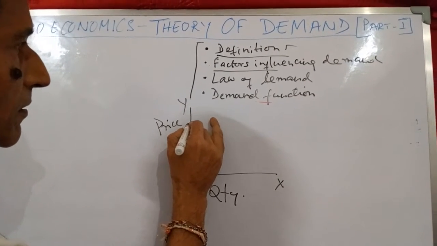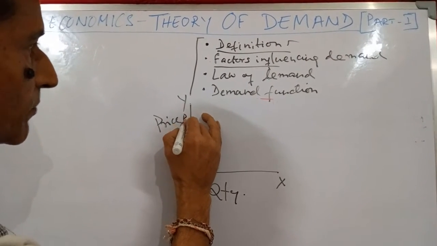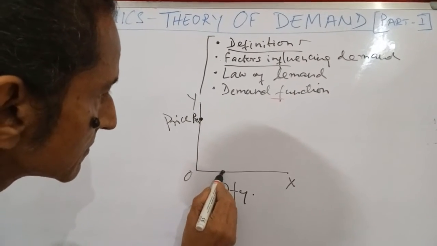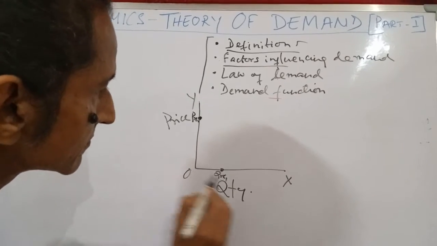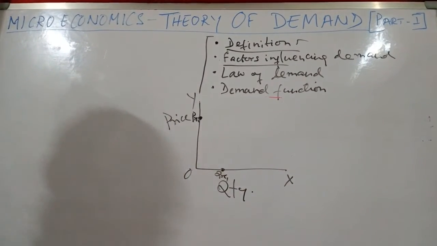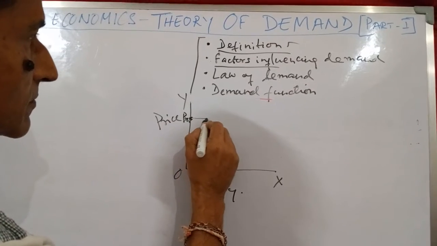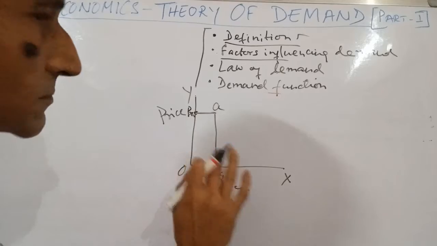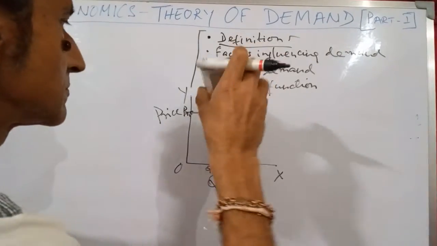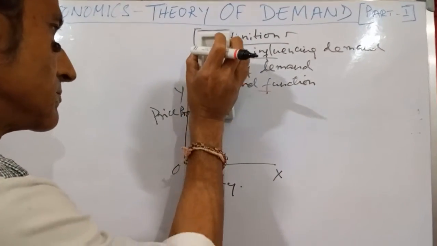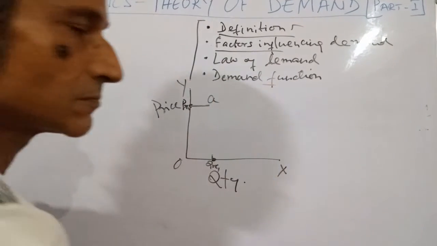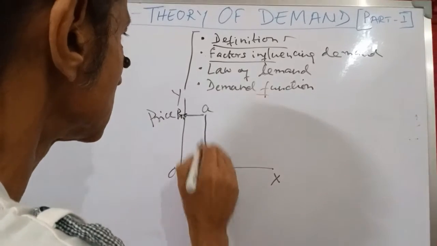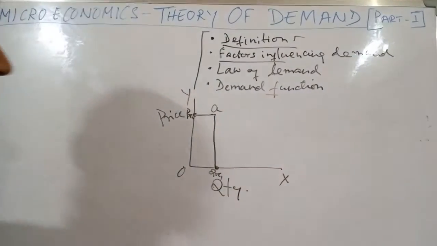When price is Px1, quantity demanded is Qx1. So we get point A. Correct.